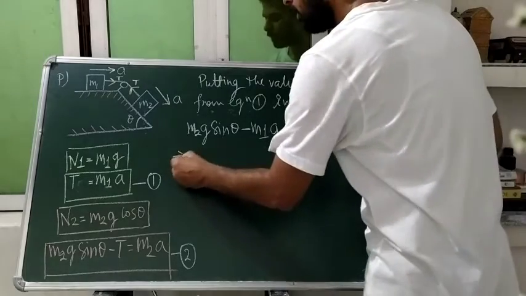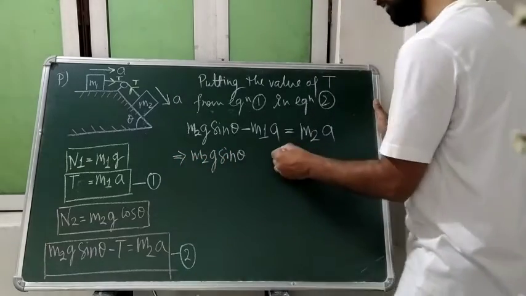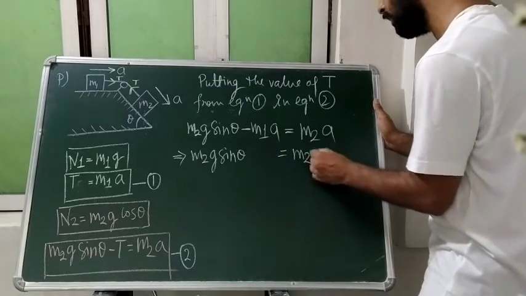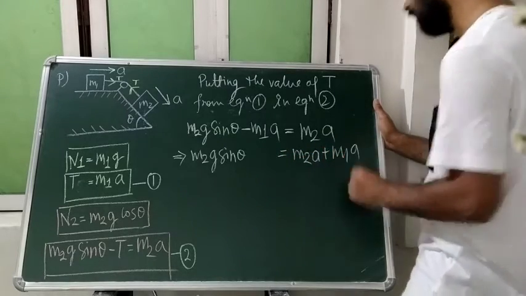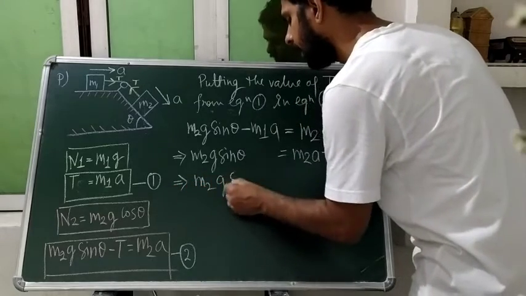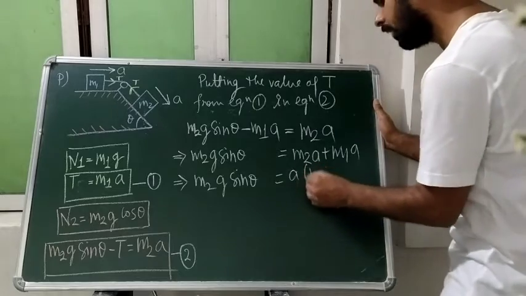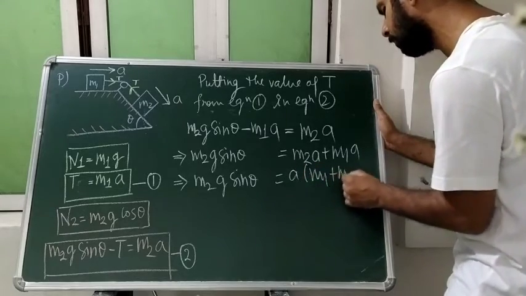So from here we will send this m1a to the right side. This will give us m2a plus m1a. This will be m2g sin theta, and after that we can take a as common, so it will come out (m1 plus m2).